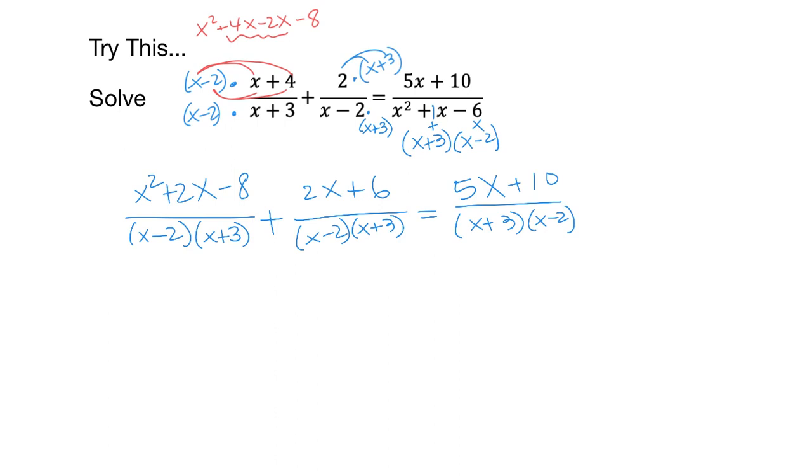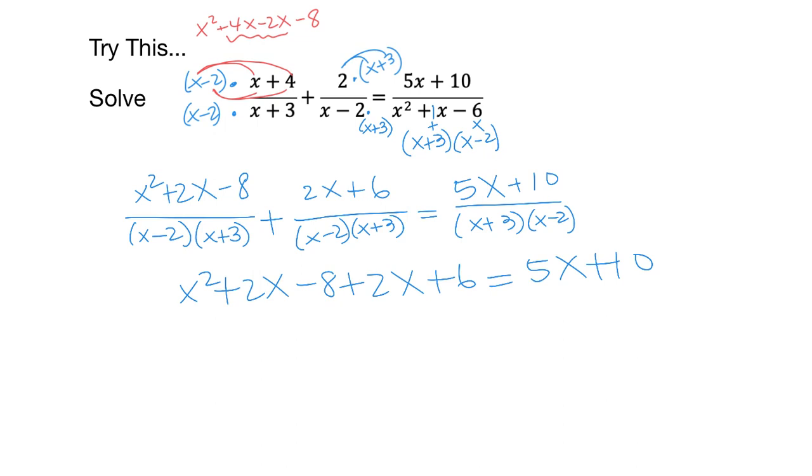All right, now that I have that, I'm going to ignore the bottoms now that they're all the same, and I'm going to focus on the tops. So we have x squared plus 2x minus 8 plus 2x plus 6 equals 5x plus 10. Whoa, that's a lot of stuff.